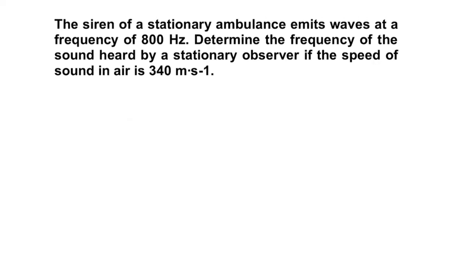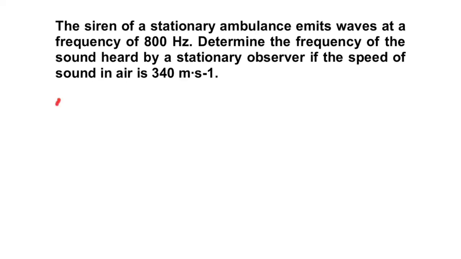The siren of a stationary ambulance emits waves at a frequency of 800 Hz. Determine the frequency of sound heard by a stationary observer if the speed of sound in the air is 340 meters per second. The frequency emitted by the sound source is 800 Hz. We are interested in the frequency observed by the listener, so we want FL.